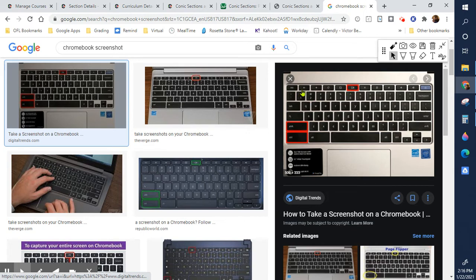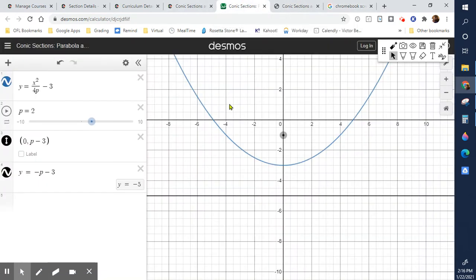It should be your F5. 1, 2, 3, 4, 5. Yeah, it's F5, but you can see it's a little picture. If not, Google it.